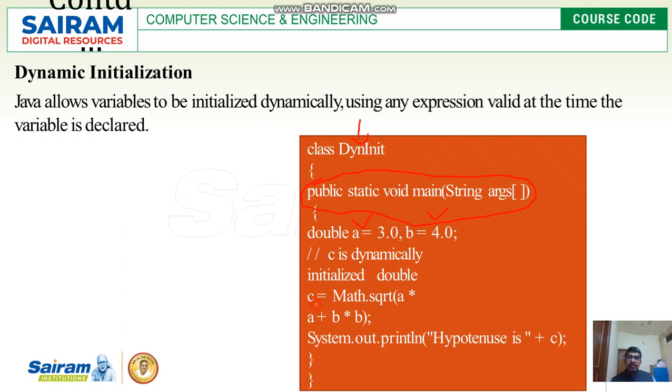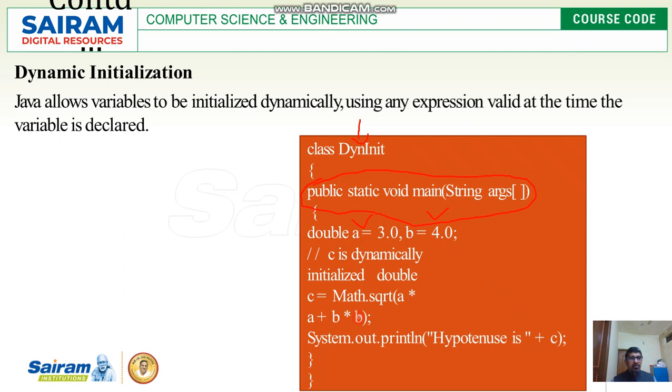For c, I've written c is equal to Math.sqrt(a * a + b * b). What happened? I've not initialized it with a constant. This allows the variable to be initialized dynamically using an expression.